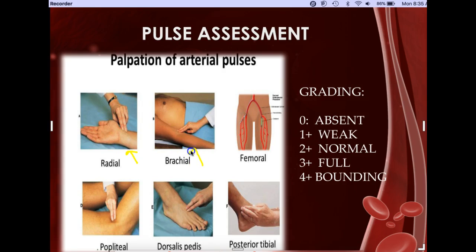In the next one, we've got the brachial pulse, which is right in the antecubital space, again, using your two fingers. The femoral pulse is going to be right around here in the groin area. Now, we're not going to do that on each other for obvious reasons, but I do want you to know in clinical practice that it's a very important assessment skill.